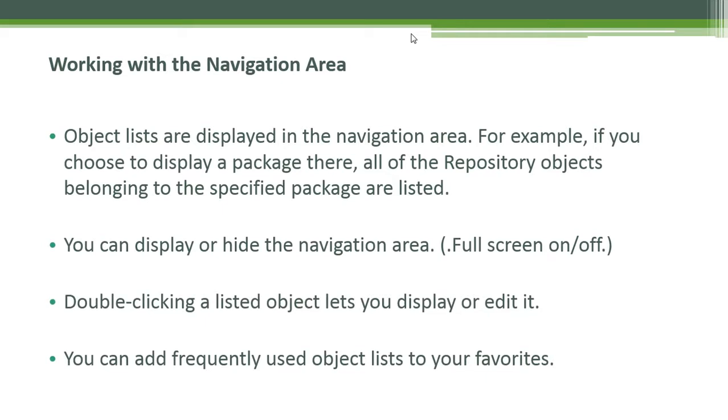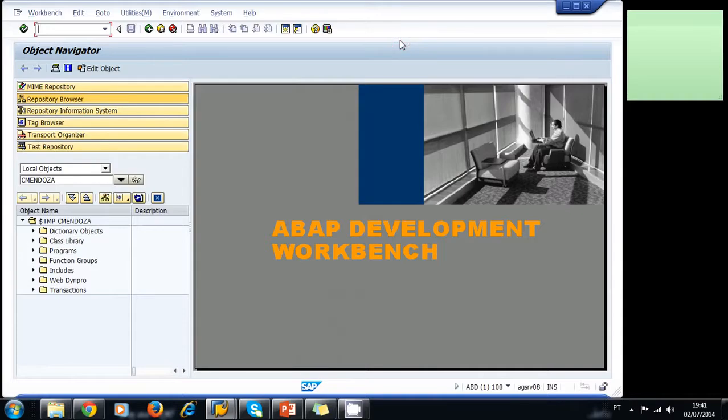Let's take a look at this in the SAP screen. Inside the Object Navigator, I can take a look at all of the objects that are in the system. For example, let's take a look at a local package or at any package that is in the system.